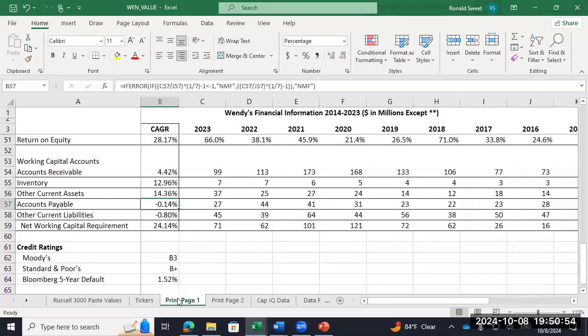And why is that? I don't know enough about Wendy's. I would have thought Wendy's would have some inventory, but they only have $7 million in inventory. Well, I guess it's good they don't have hamburgers and buns sitting there for months, probably. But you would think they have some stuff sitting there, paper plates, those kind of things. But maybe not more than $7 million worth.